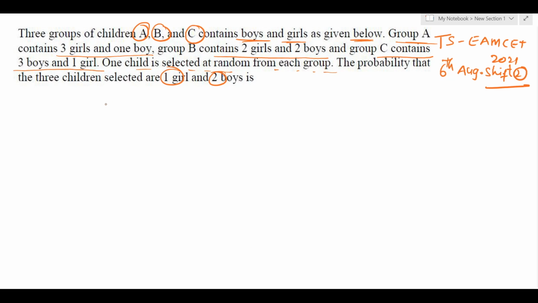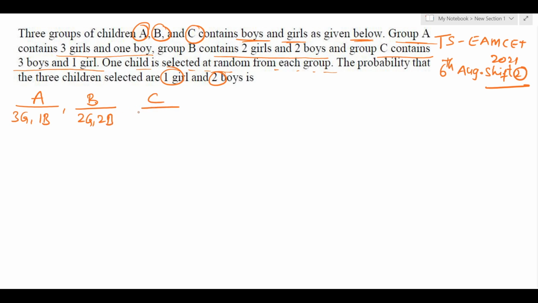So here 3 groups are given. The first group is A, which contains 3 girls and 1 boy. The second group B contains 2 girls and 2 boys.